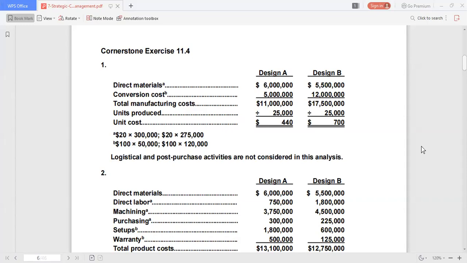Okay, so for requirement 2, we are going to use activity-based costing. For direct materials, we have the same amounts.